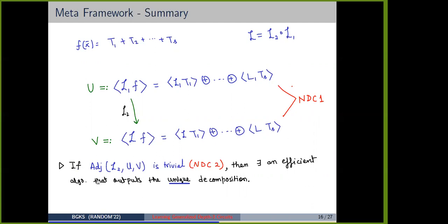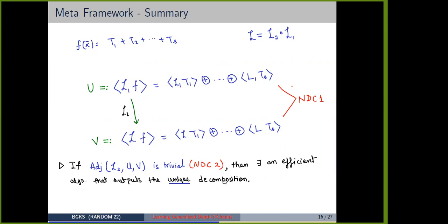And if the adjoint algebra of L2, U, and V is trivial, which we assume as our non-degeneracy condition 2, then there exists an efficient algorithm that outputs the unique decomposition. So basically, that's how our learning algorithm goes. If you want to learn a model in which we have to write a polynomial f as a sum of some simple polynomials, we smartly come up with some linear operators in composition form, we look at the vector space decomposition problem that arises naturally from them, and we hope that non-degeneracy 1 and 2 will be satisfied.